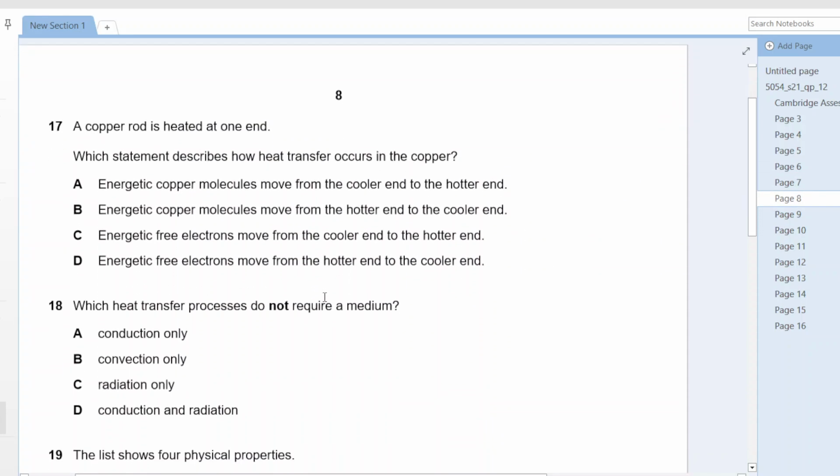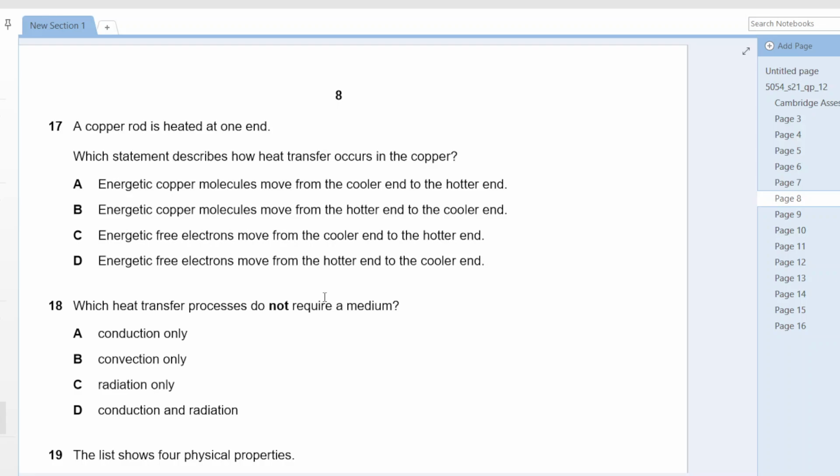Now, a copper rod is heated at one end. Which statement describes how heat transfer occurs in the copper? Heat transfer here is by the process of conduction.